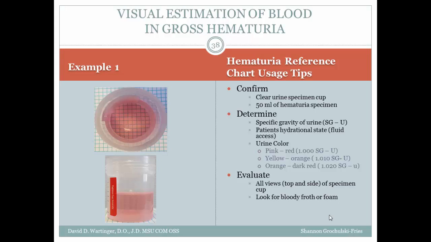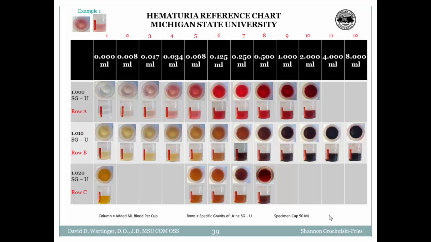The patient's urine would be expected to be dilute in this scenario, but another important clue regarding urine specific gravity can be seen. The patient's hematuria specimen is pink, and only dilute urine produces pink hematuria. The most likely match for this patient's hematuria specimen will be found in the top row A of the hematuria reference chart, the HRC.